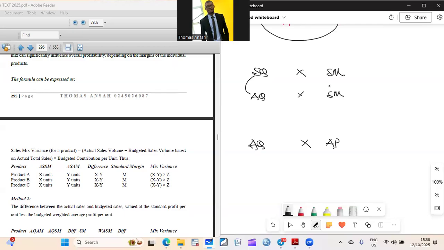So here, all that we are doing is to add the SM to the thing because of the mix. So here will be SQSM. But please, the SM is not this SM. This SM is sales mix. So probably I should change to my P, but you should understand what the P is. We know that is margin, all right? The standard margin.